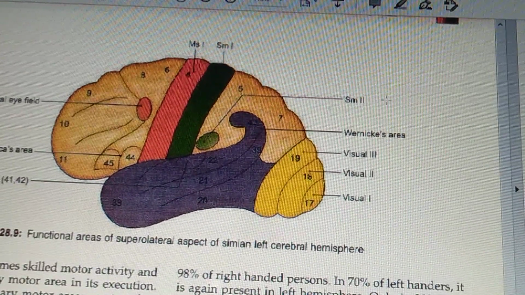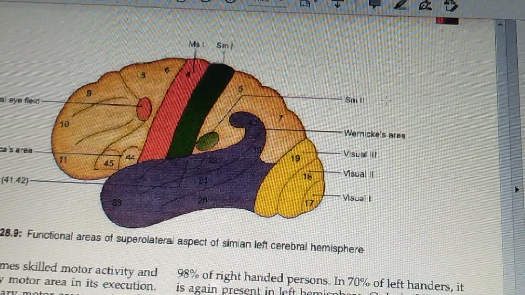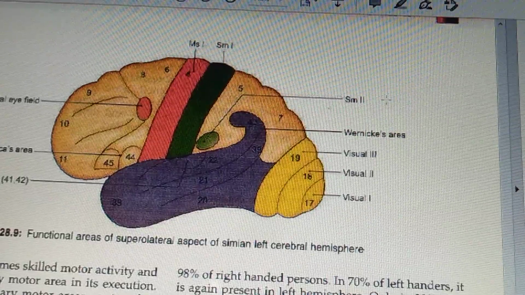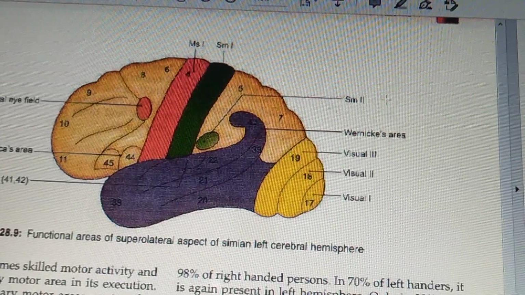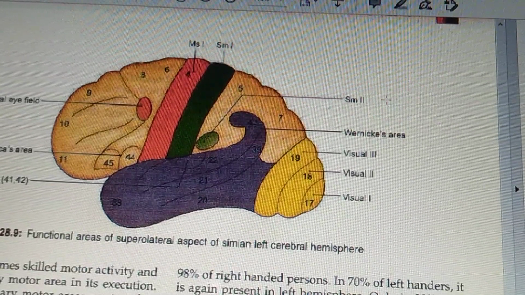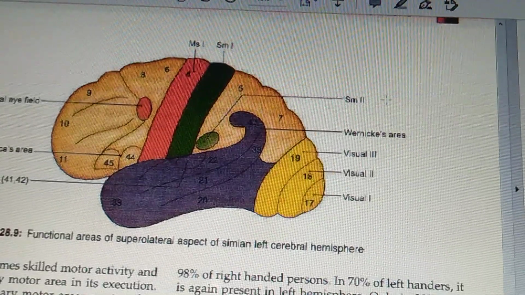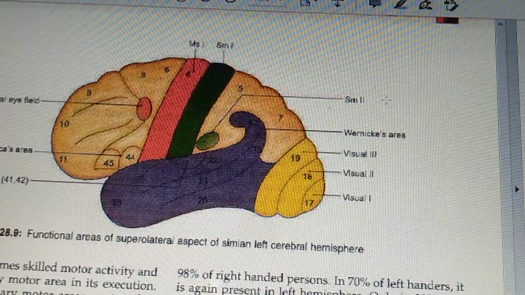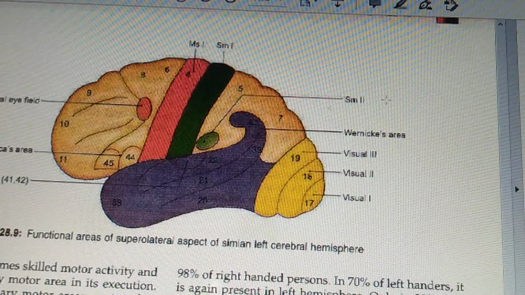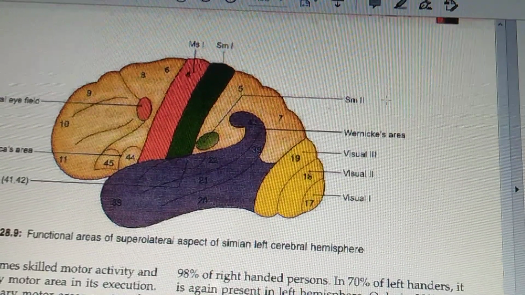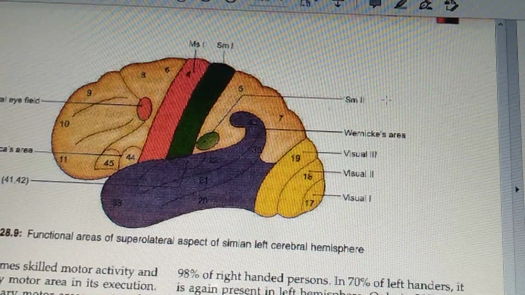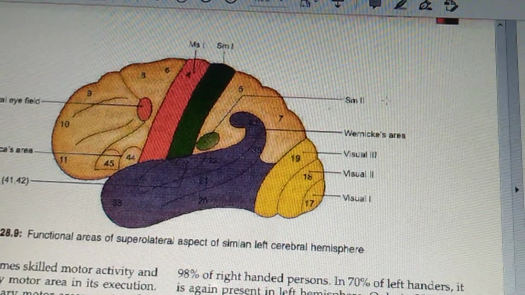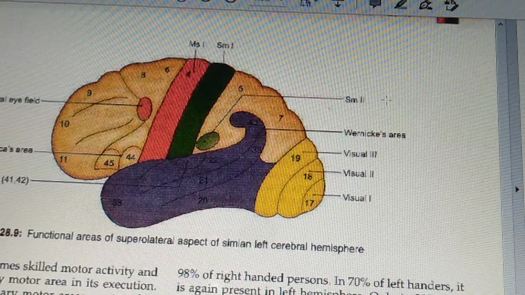Agnosia means inability to interpret sensation, and hence recognize things. The patient is not able to understand the sensory information that is provided. A lesion that destroys a large portion of this association cortex causes tactile agnosia, meaning agnosia related to touch, and astereognosis, which are closely related.